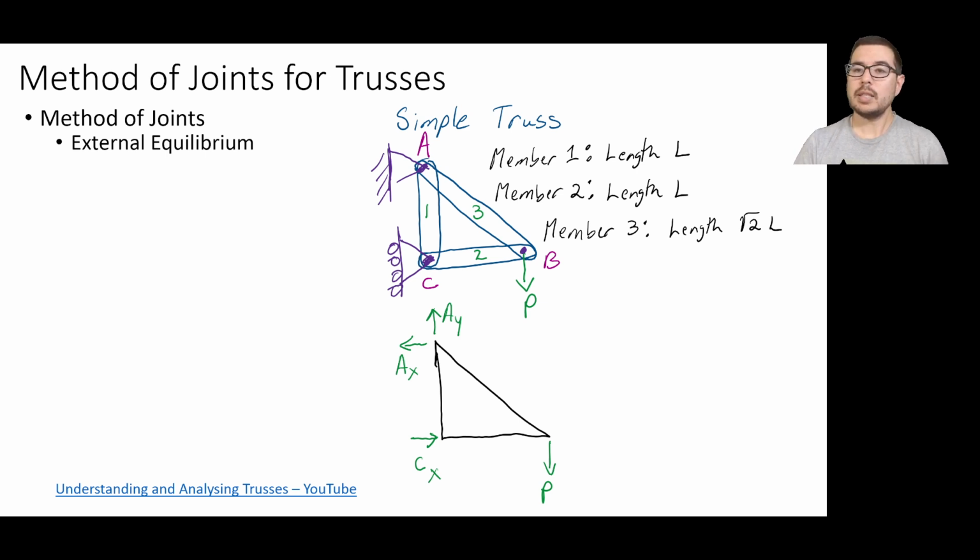So we have a simple truss, as you see here, and it has three members, 1, 2, and 3.